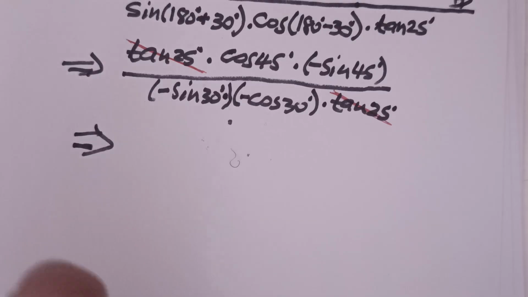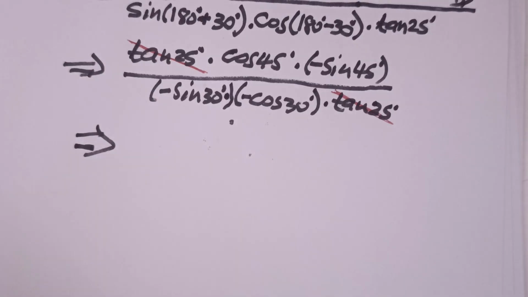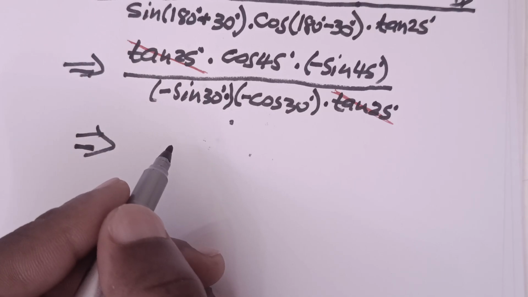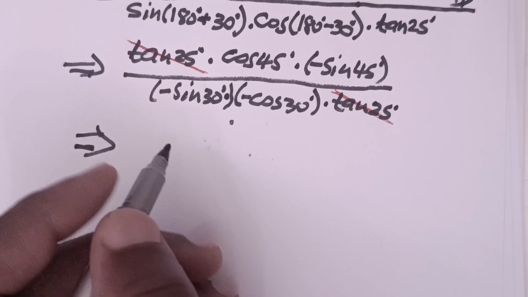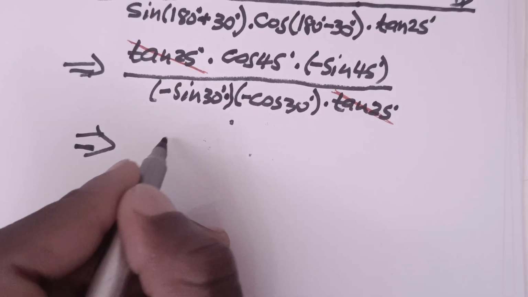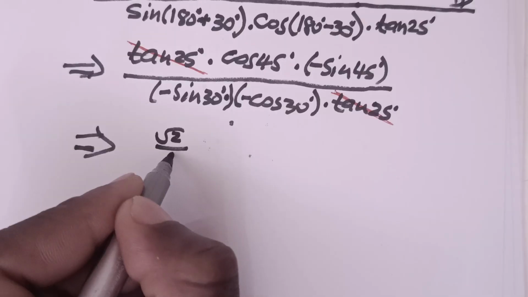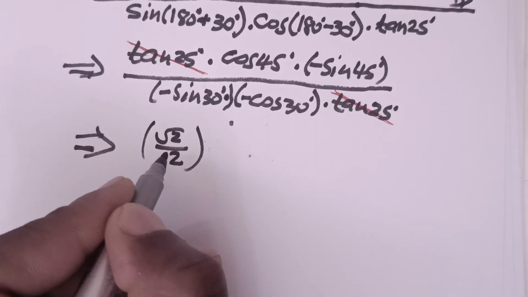The cos of 45 is 1 over root 2, but when it's rationalized, it's root 2 over 2, which you have in your calculator.